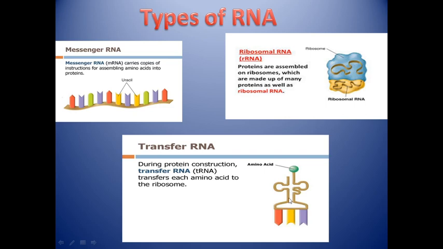There are no double strands here. It's just complementary base pairing, and it has formed this clover leaf-like structure. During protein construction, tRNA transfers each amino acid to the ribosome. We will have a look at these in detail later on.